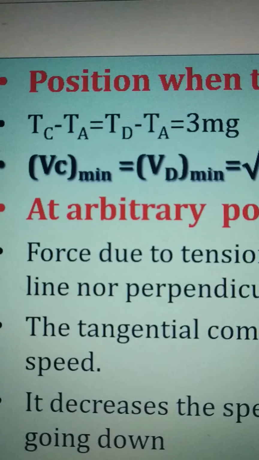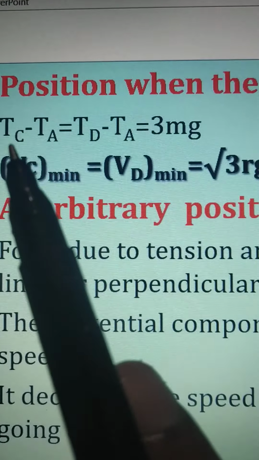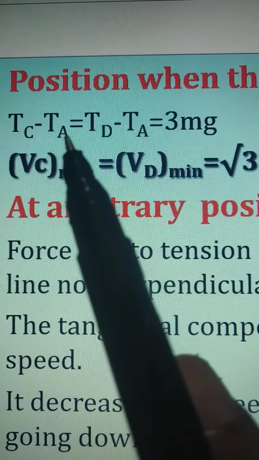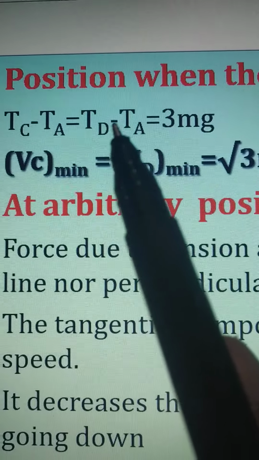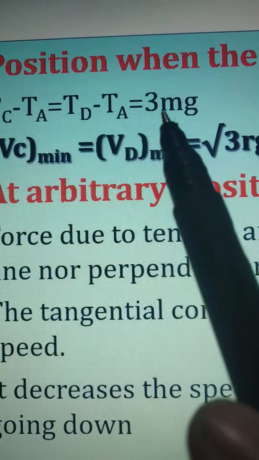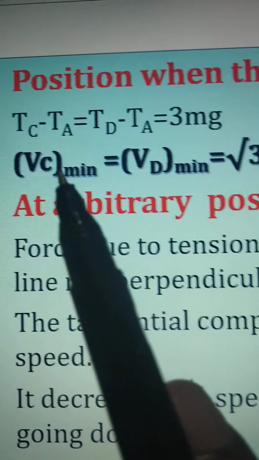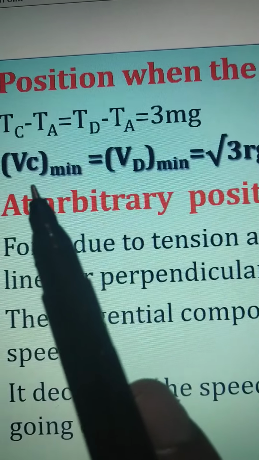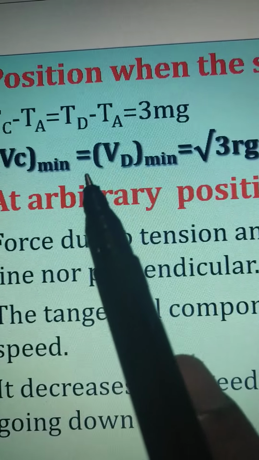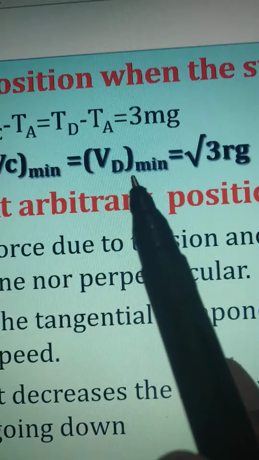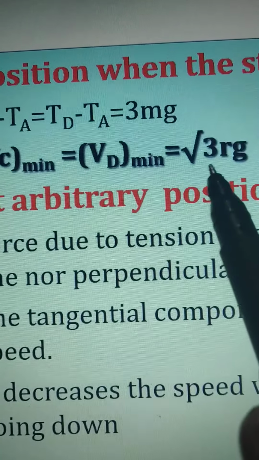So we find an expression: tension at midway point C minus T_A, the highest position, is equal to T_D minus T_A, both sides. So it is equal to 3mg. So the minimum velocity at C point is equal to the velocity at D position, which is root of 3rg.